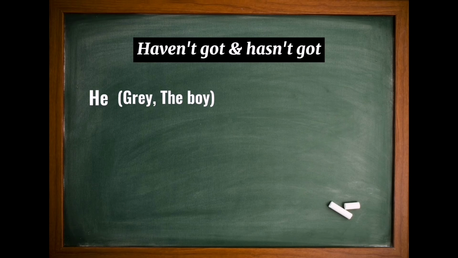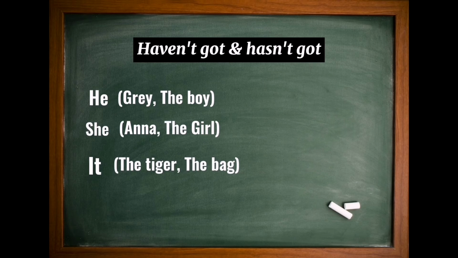Next is she. She refers to a girl, for example, Anna or the girl. Third one, we have it. It refers to an animal or thing, for example, the tiger or the bag.